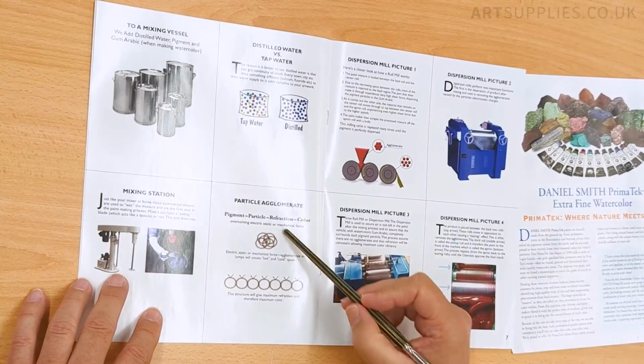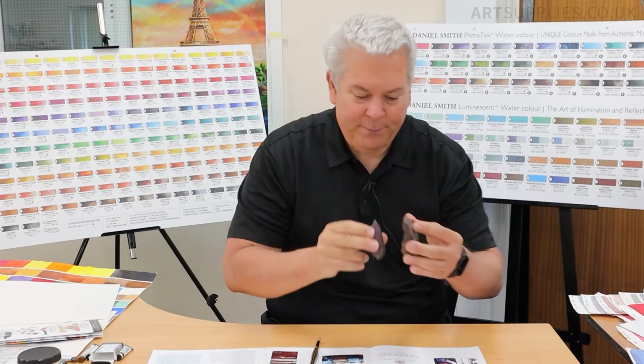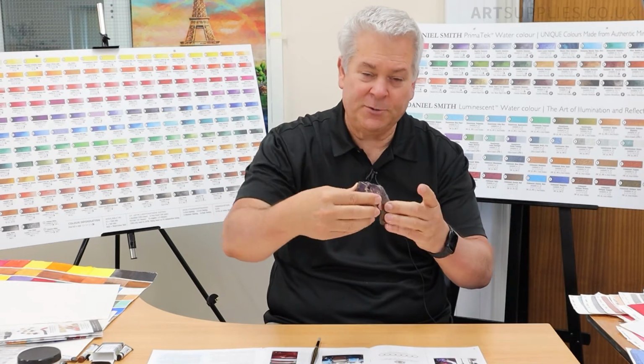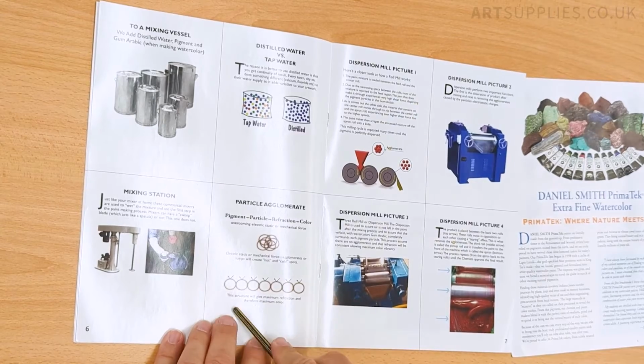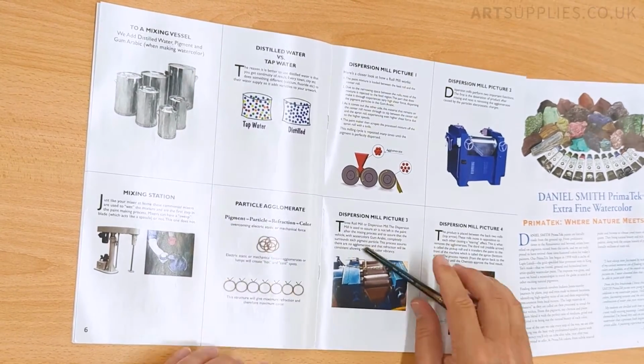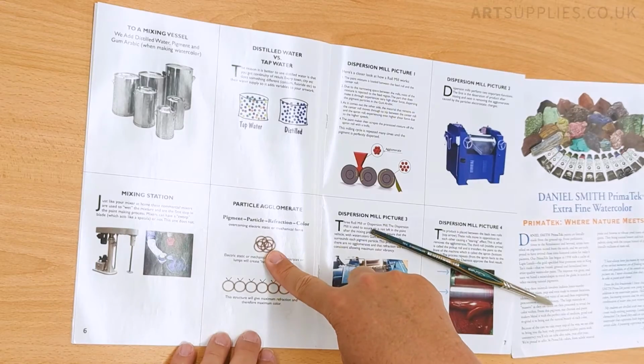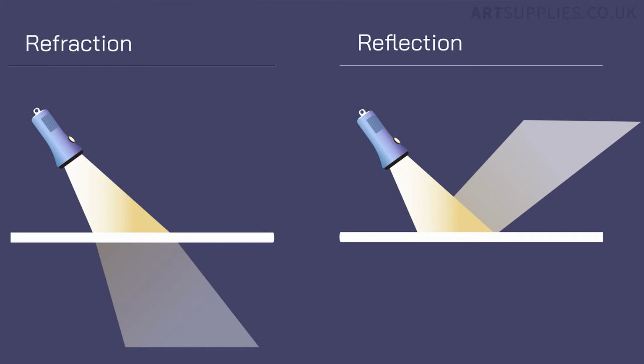But before we go there, let's talk about this step right here. Particles, because they're so small, have an inherent electrostatic charge. They want to be with each other, and that charge makes them want to stick. If we don't break that to get gum arabic around them to put them in a linear format, such as this, then we get an agglomerate and we get refraction of light versus reflection of light.